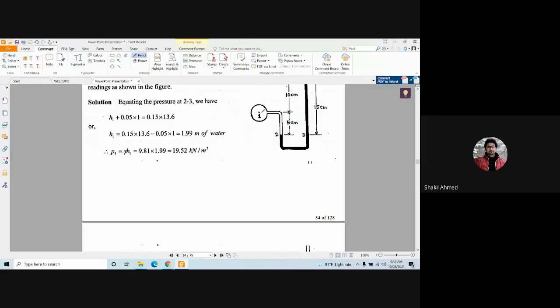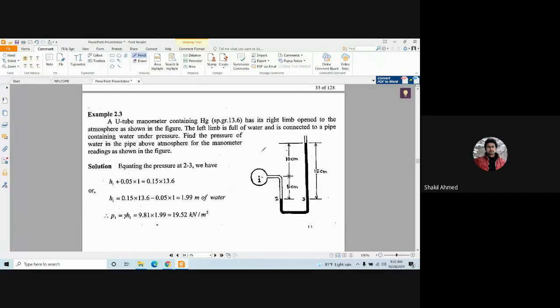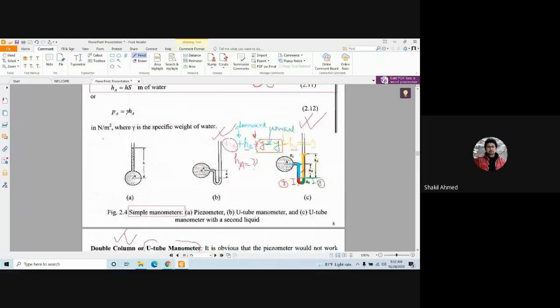So let's start again. And whatever I have discussed so far here, that is also applicable here. This is H1, H2. If any liquid is other than water, then you have to multiply it with S. Let's say this is the liquid which is not water. So you have to multiply H1 with S1.